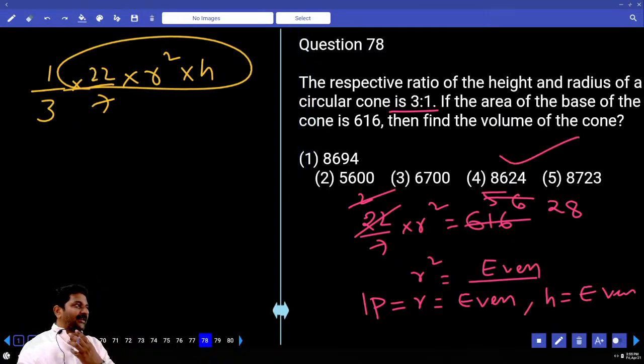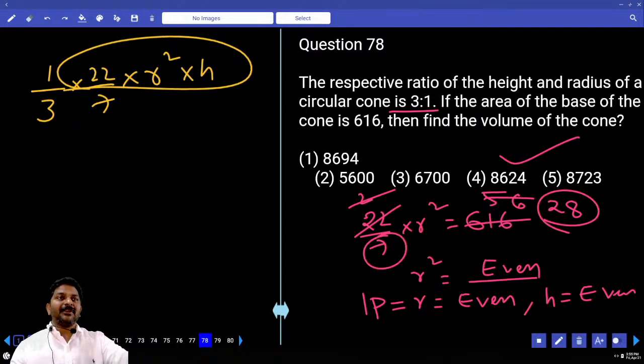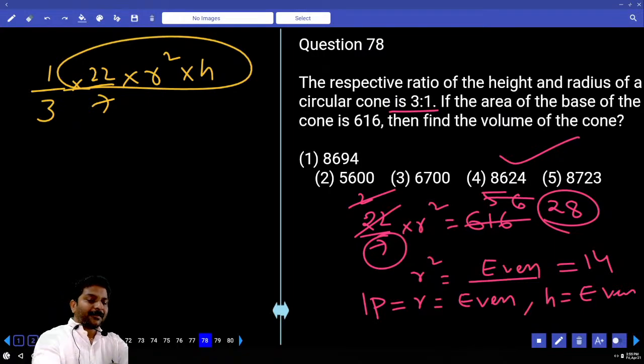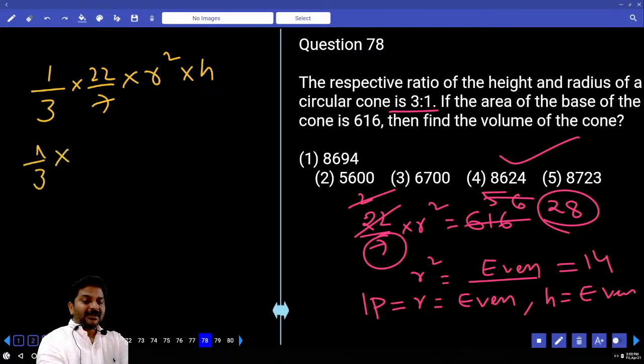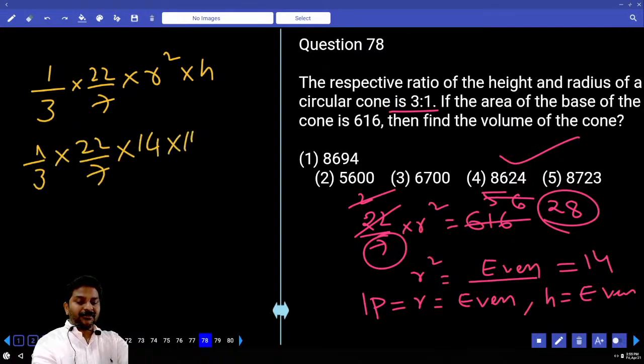Otherwise, you'll have to calculate. If r square is equal to 7 into 28, 28 can be written as 7 times 4. So 7 into 7 into 4, 7 square into 2 square, so r is equal to 14. So 1/3 into 22 by 7 into r square, 14 into 14.